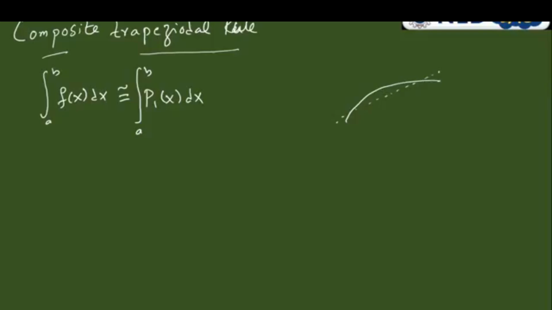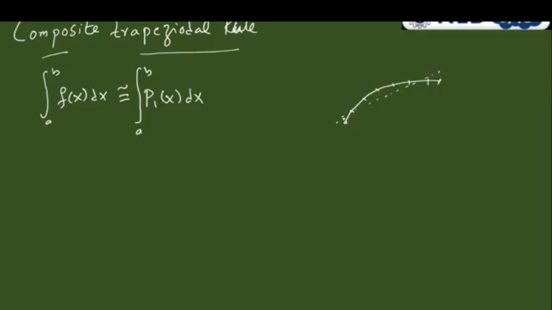But what we can do is this: if this curve is so big, starting from there and ending there, so it has a proper curve in it, rather than using the complete curve from a to b, we can divide that curve into small pieces, and once we divide that curve, we can apply the trapezoidal rule on each piece.